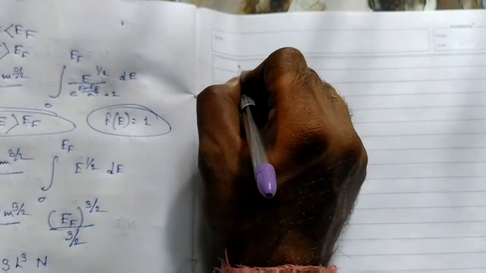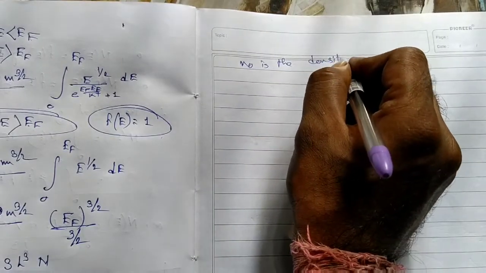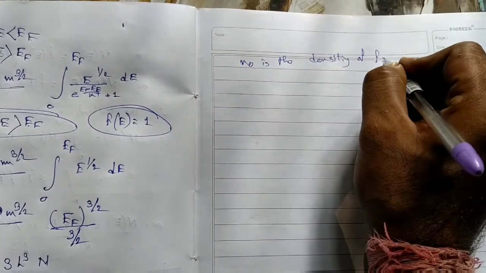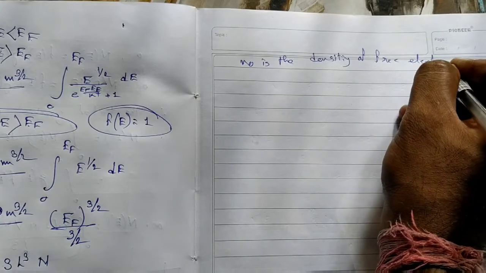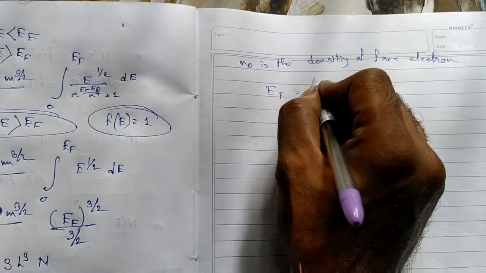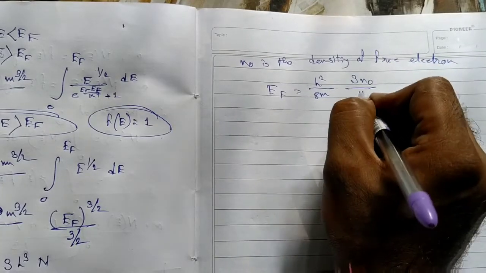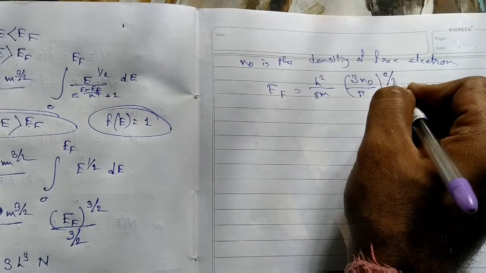Here n0 is the density of free electrons. So EF is equal to h square by 8m 3n0 by pi to the power 2 by 3.